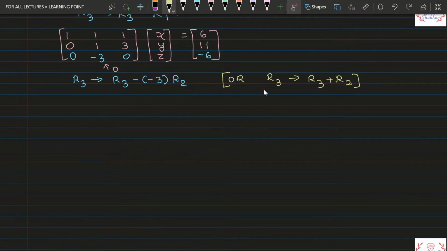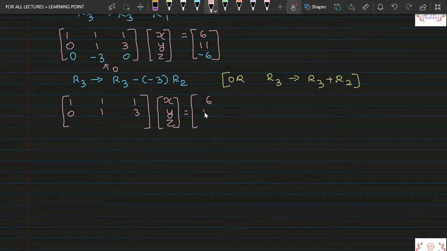Whichever you use, both will be absolutely correct. But once again, in this step, I have to apply the transformation in the third row. So first row and the second row, all elements will be as it is. Variables, as I told you, will also be copied down as it is. 6 and 11 will also be over there as it is.